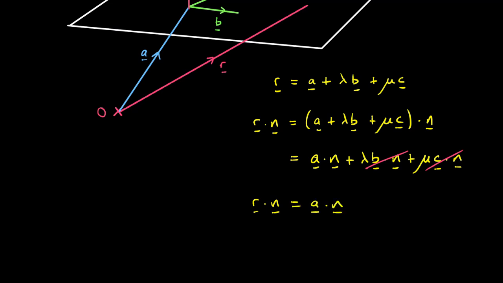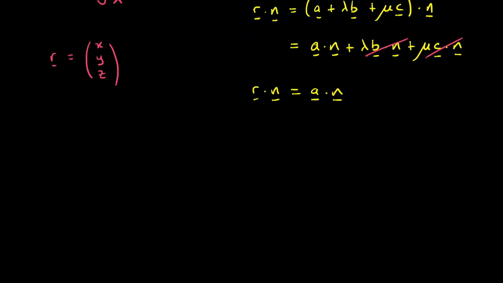Now, r, how could I write it? I can just say that r is the general vector, which is x in the i direction, y in the j direction, and z in the k direction. So I can take this guy here and say, all right, I have got the vector x, y, z, scalar producted with the normal vector.